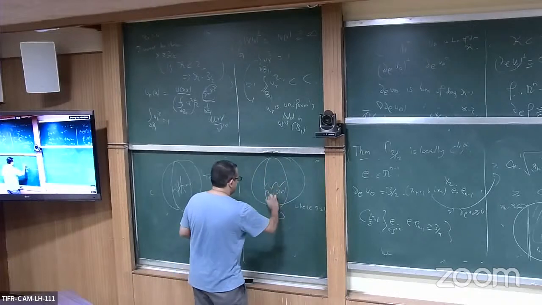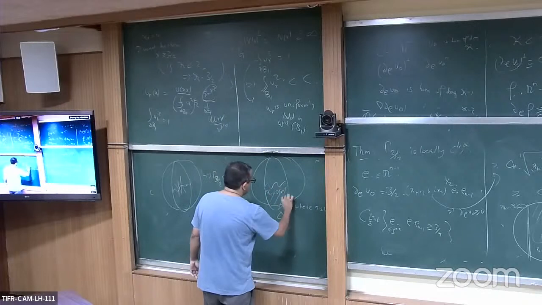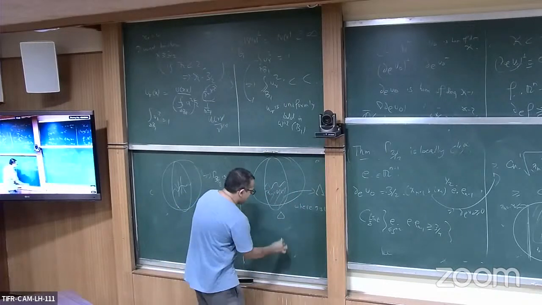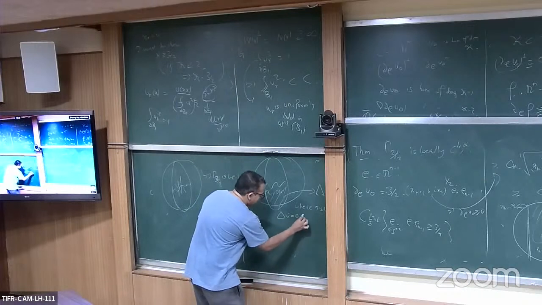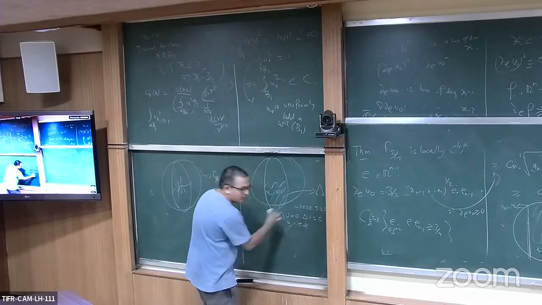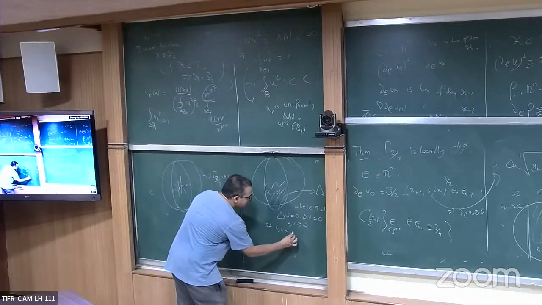So let's call this set some name, let's call it the slit. This is my slit in R^n, such that Laplacian u equals 0, Laplacian v equals 0, and u and v are bigger than or equal to 0, such that u and v are equal to 0 on the slit.